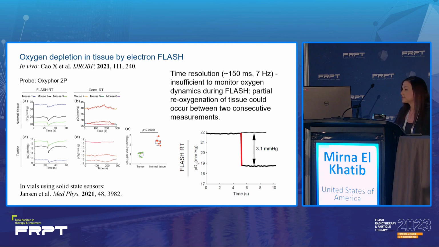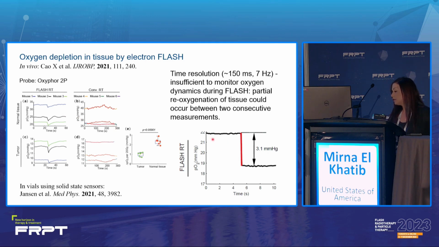The first such study measuring oxygenation using the phosphorescence quenching method was actually performed using solid-state sensors. This was done by Janssen et al. in 2021 in model solutions. The experiments done in vivo in the blood plasma using oxyphore probes were done in electron flash.